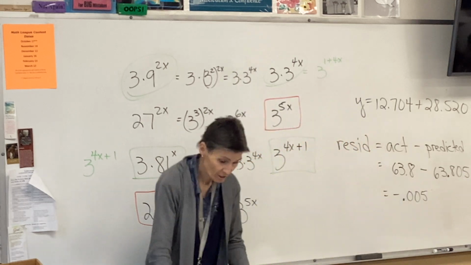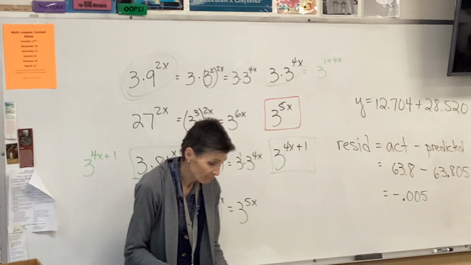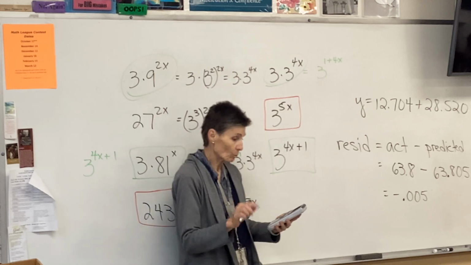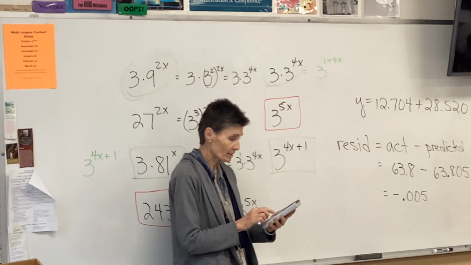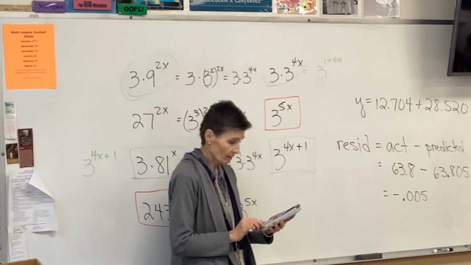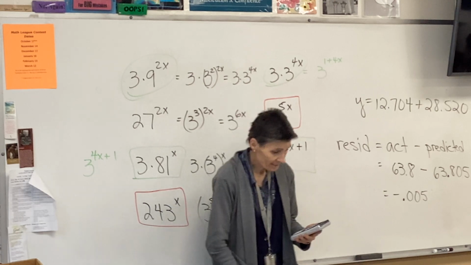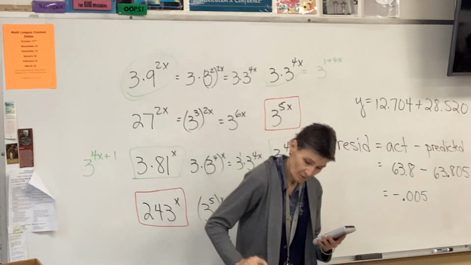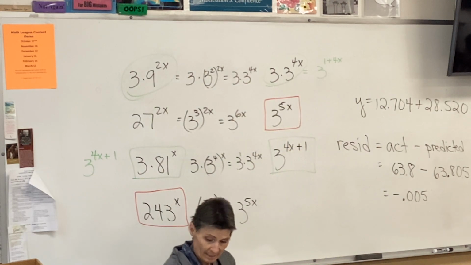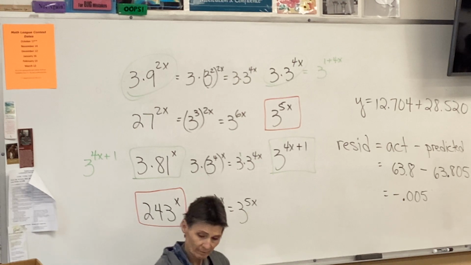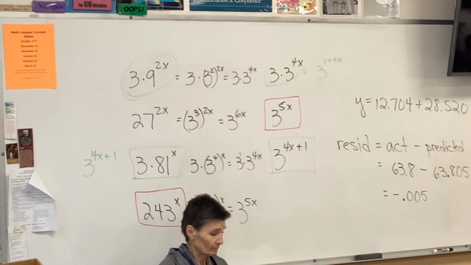All right, so this is gonna take a minute. We're gonna have to go back. I don't know when you did this. It might still be in your calculator. Mine is not. So let's go ahead and put the data in, and we're gonna do a linear regression. So you remember how to do this?